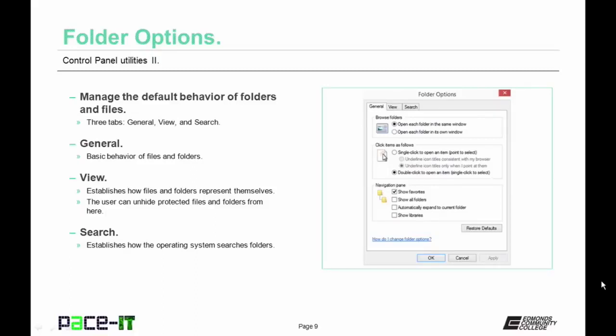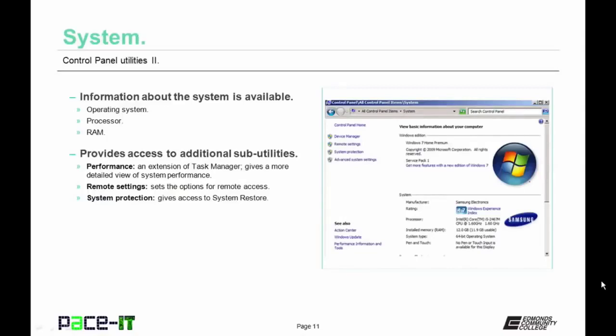The Search tab establishes how the operating system searches folders. The System utility is another important one for the technician. From this utility, information about the system is available, like the operating system that's used, the processor, and the amount of RAM.